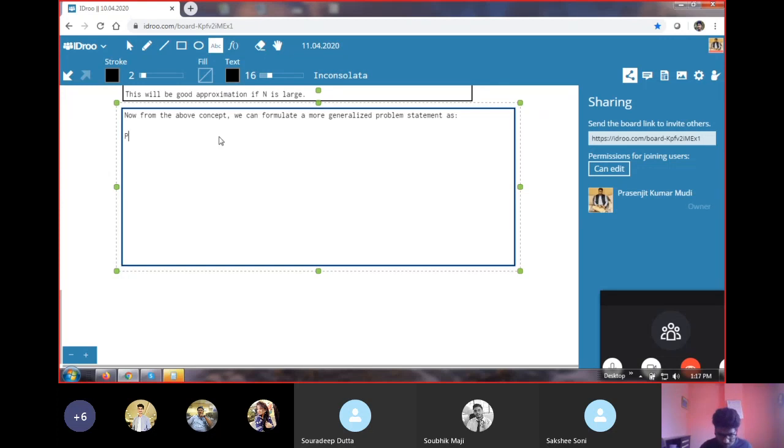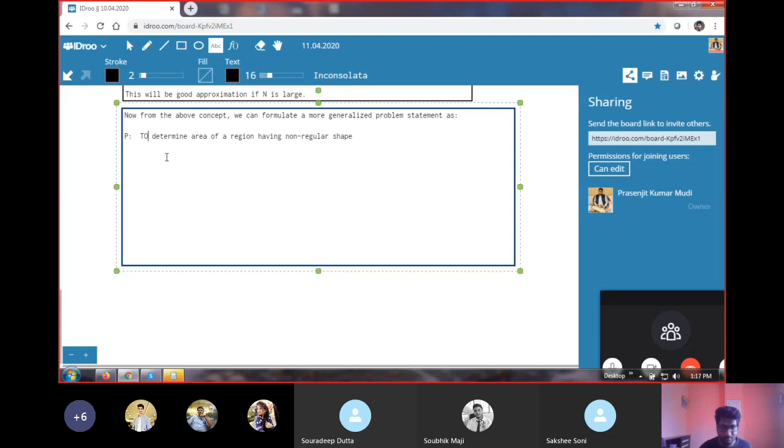What is the problem statement? The problem is to determine or compute the area of a region having a non-regular shape.